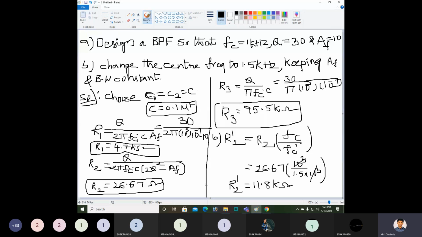So by using this, we are able to change the frequency. Like that, you need to do the solution for each and every question we get from these two topics. Up to now clear?